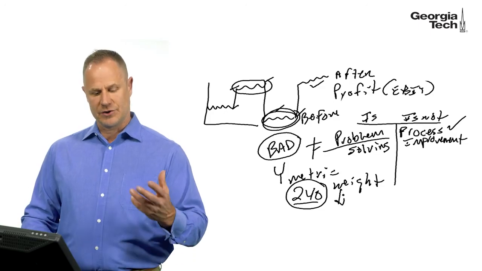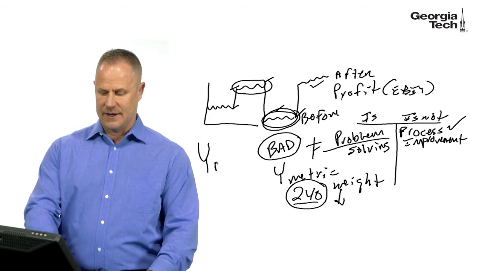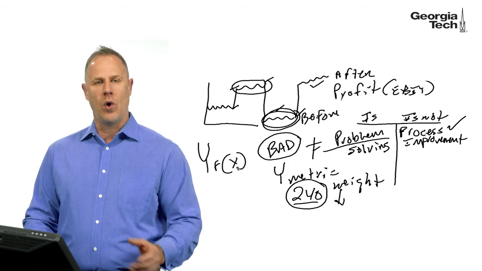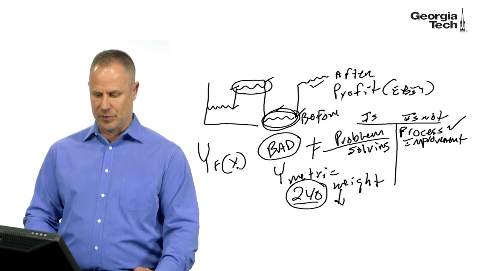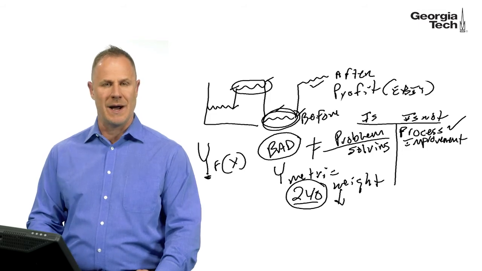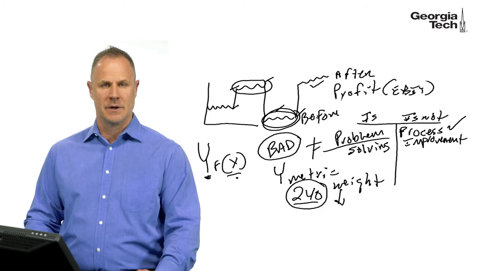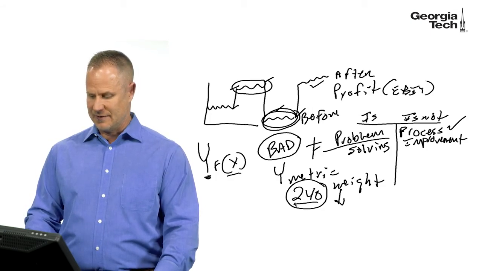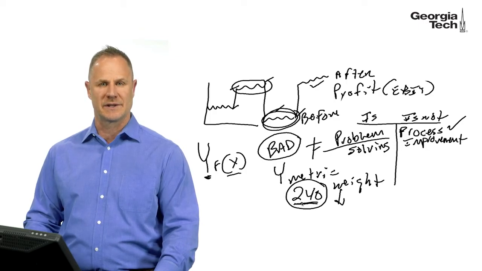And then the overarching formula, which I'm going to discuss, is that Y is a function of X. So the whole principle and the whole thought behind continuous improvement is you have some issue with a Y metric, and you need to find the X that causes it. So what I need to do if I'm going to do a Lean Six Sigma project is I need to identify what are the causes of why I'm 240 pounds and fix them.